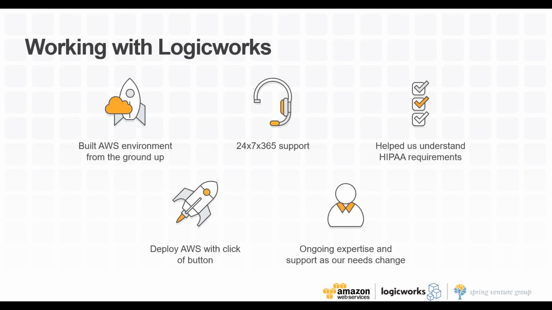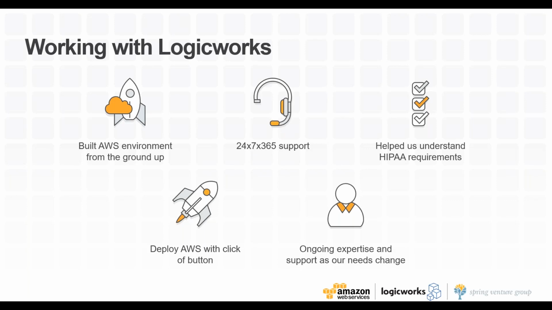So as we talked about earlier, we chose to work with Logicworks to expedite our migration to AWS. We sat down originally with Logicworks and talked through our requirements, what we were doing, and how our systems were built.